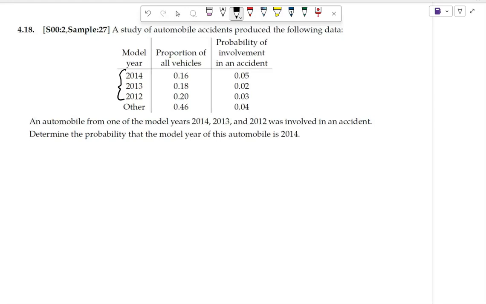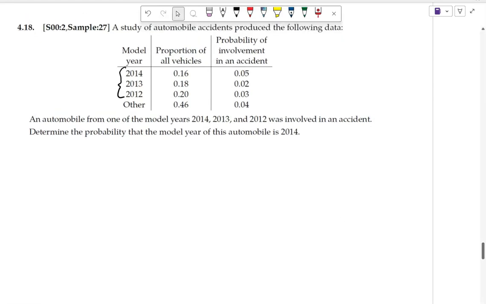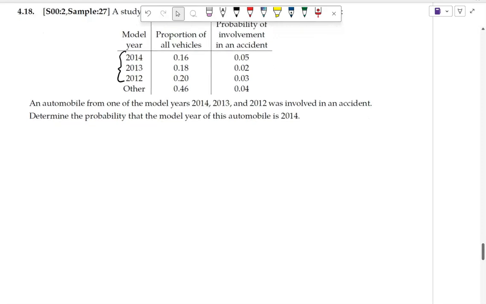So there's a little bit of a twist. We're not taking any car selected. We're just taking that it was from those first 3 years, right? So notice that we want probability of 2014 given what? Yeah, but there's a little bit more given information, right?